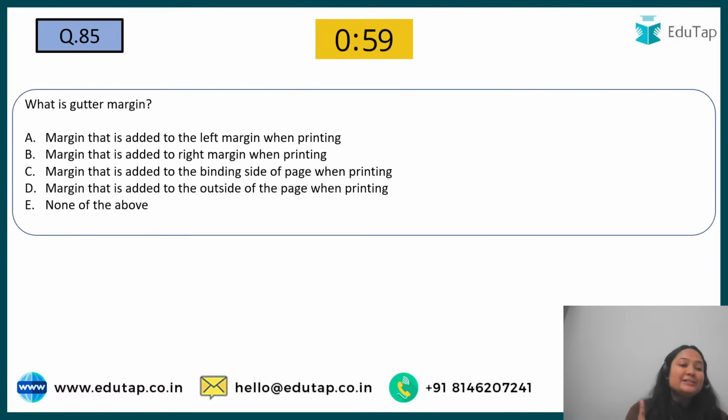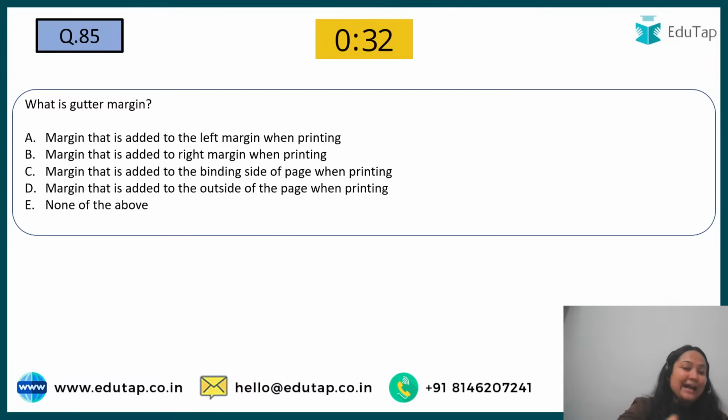Okay, what is gutter margin? Margin that is added to the left when printing, margin that is added to the right when printing, margin that is added to the binding side of the page when printing, margin that is added to the outside of the page when printing, or none of the above? What can be the correct answer for question number 85, gutter margin? Very easy question, NABARD level question.